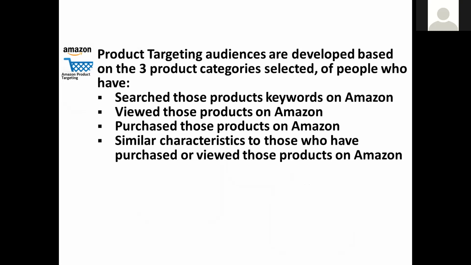So product targeting audiences are developed based on the 3 product categories selected. And the people who have searched for those product keywords on Amazon, they've viewed them on Amazon, they've purchased them or purchased something similar to it, and even those with similar characteristics to those who have purchased or viewed products on Amazon.